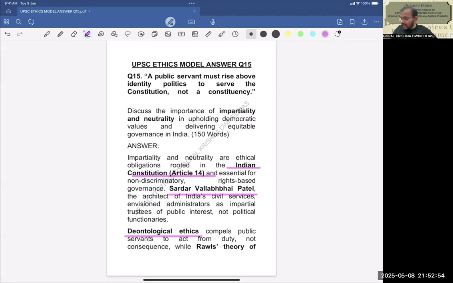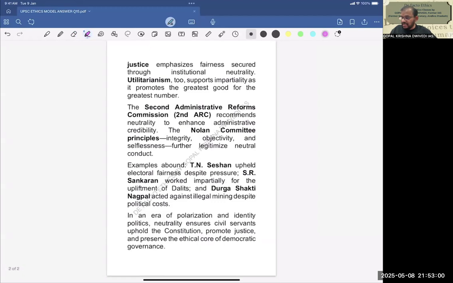Then Rawls' theory of justice: John Rawls has given the theory of justice, which emphasizes fairness secured through institutional neutrality. Then utilitarianism of Bentham and Mill, which also supports impartiality as it promotes the greatest good for the greatest number. So these four theories we have quoted now.